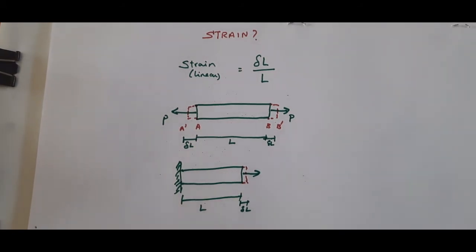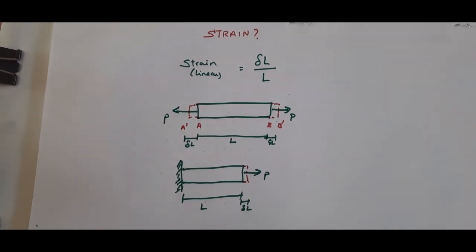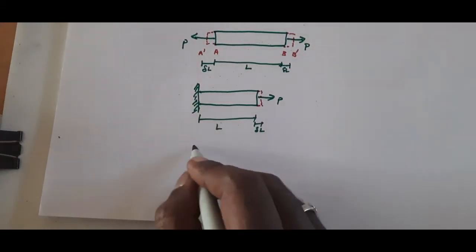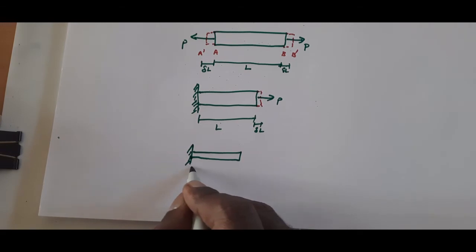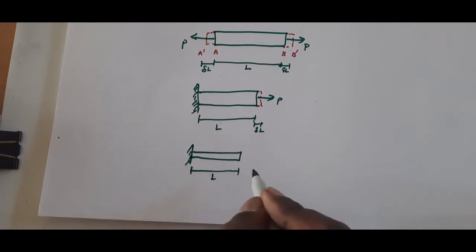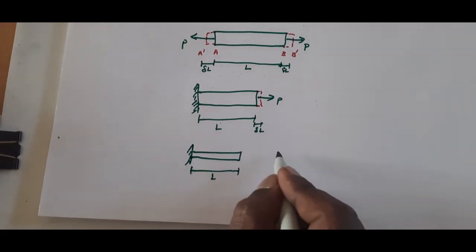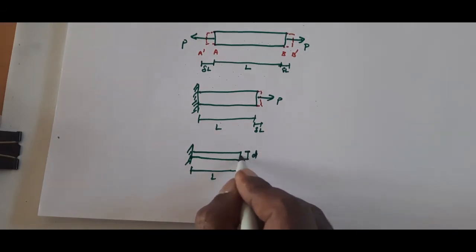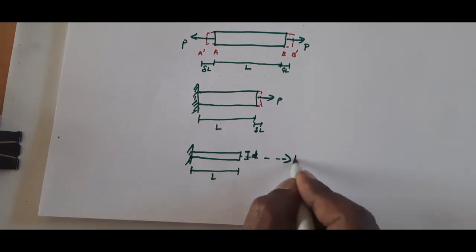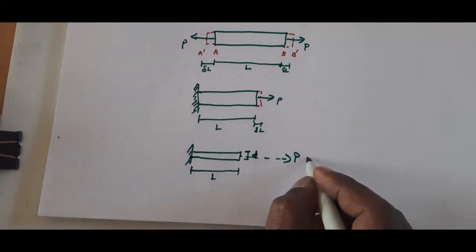So one thing we have to understand here, when a load P is being applied, let us draw in a different way. I'll draw a beam of length L and let us say depth D, which is being pulled with a load of P kilonewton.